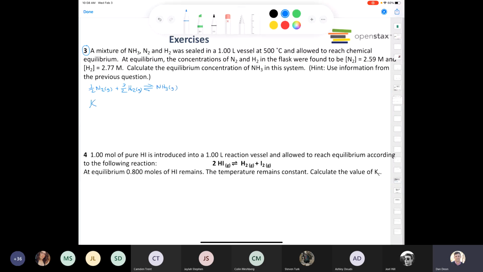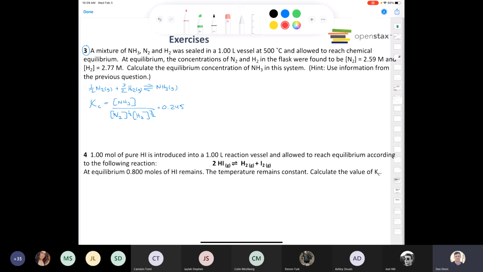So Kc is equal to the concentration of NH3 divided by N2 to the power of 1/2 times H2 to the power of 3/2. And we know that Kc is equal to 0.245.